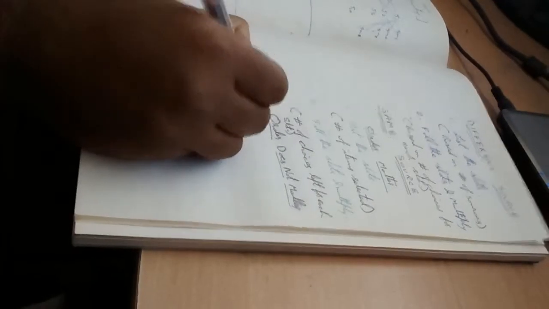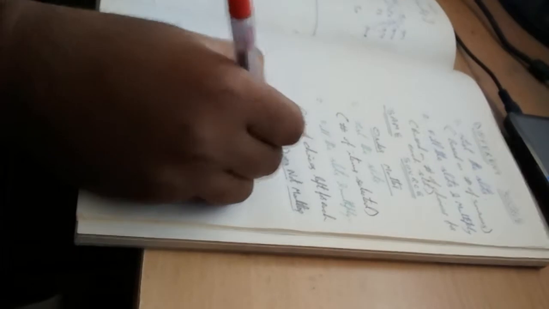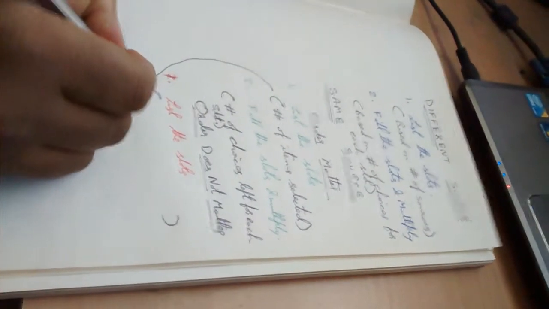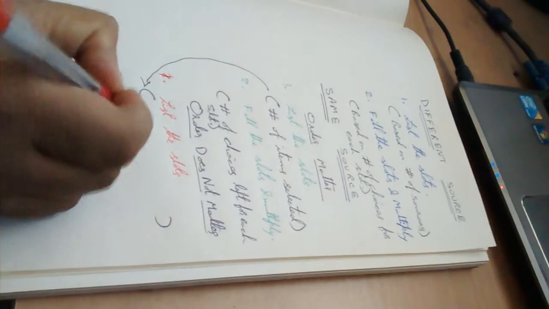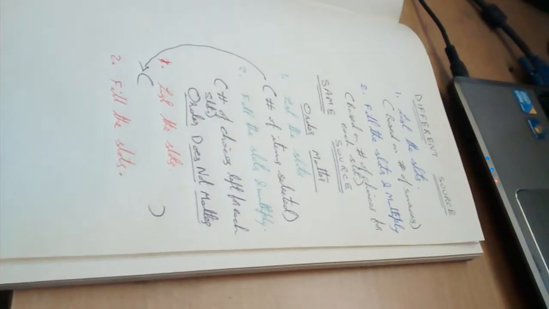Now similarly, in the third case, when order does not matter, all you have to do is the same thing: list the slots. That's again the same step, based on the number of items selected. The second step, fill the slots, again based on the number of choices left for each slot as in the previous question.